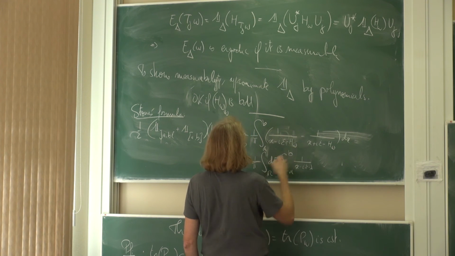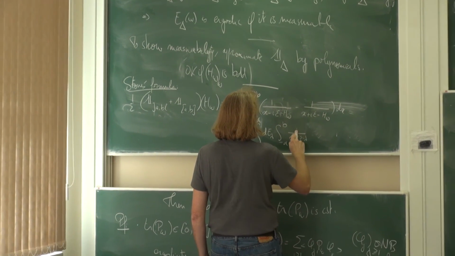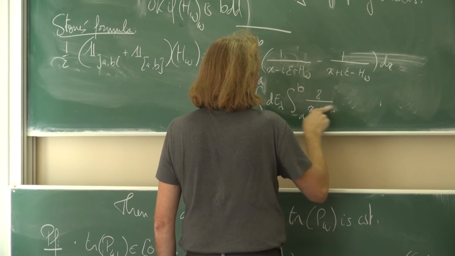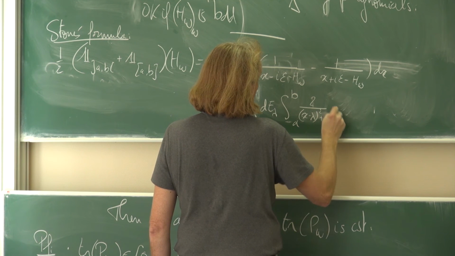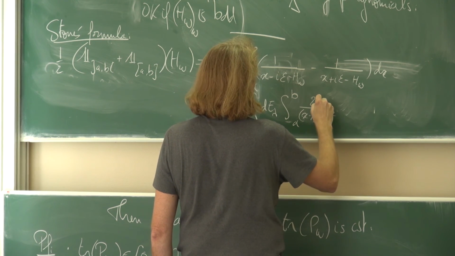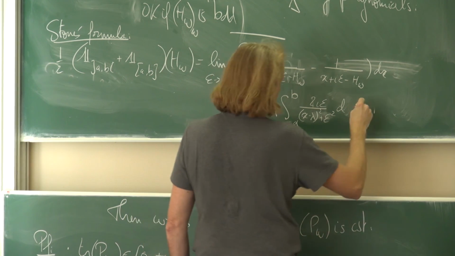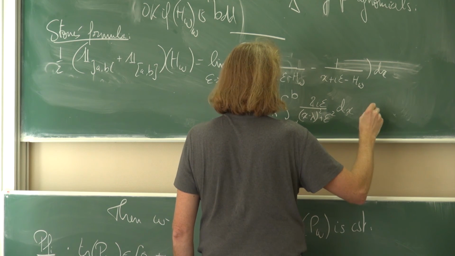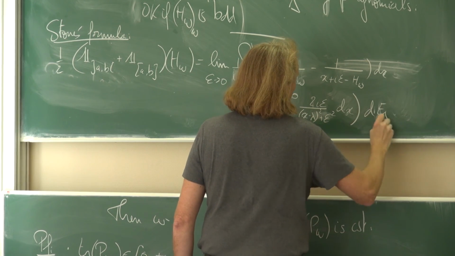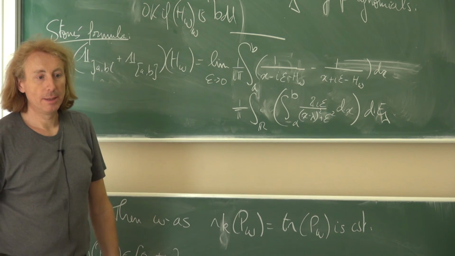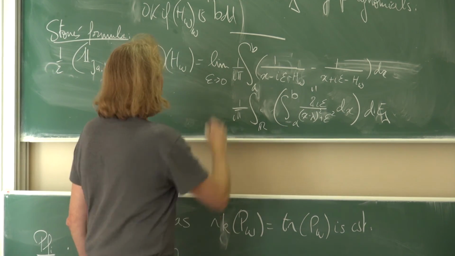So this is x minus lambda squared plus epsilon squared, and because of this, 2i epsilon, so there's an i missing somewhere, dx. And this is, if you want, just the E lambda.